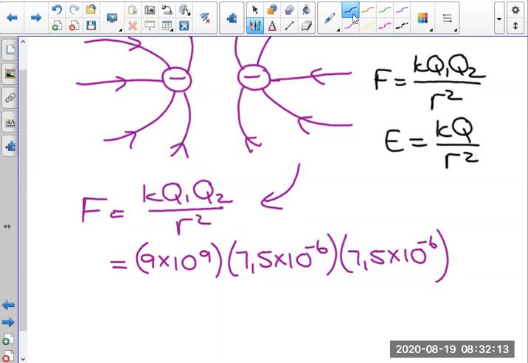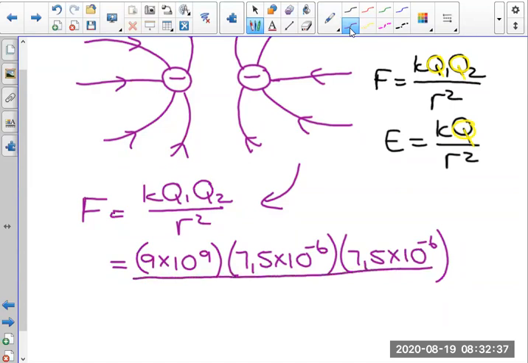If the charge on any one of these two charges were negative, you don't put it in. You just substitute in the magnitude. The 7.5 times 10 to the power of minus 6, and then again. So both of these were negative, but I don't put in the negative. If you do, you will lose marks.